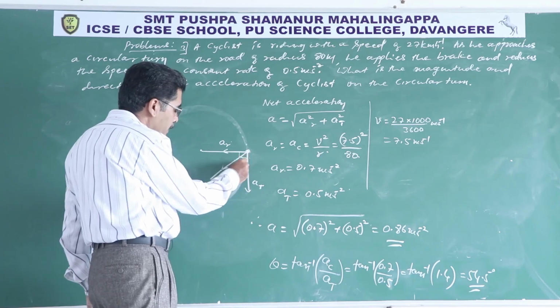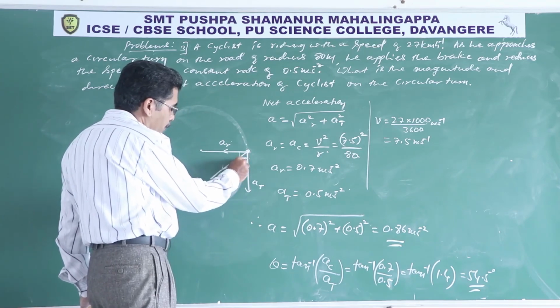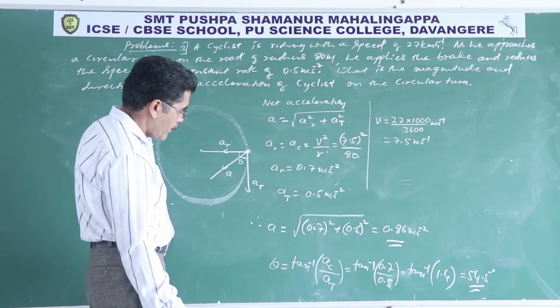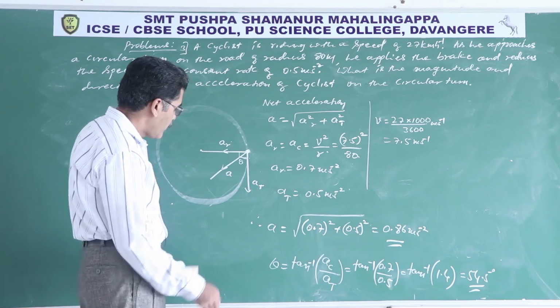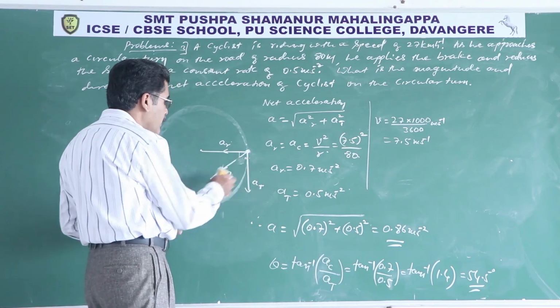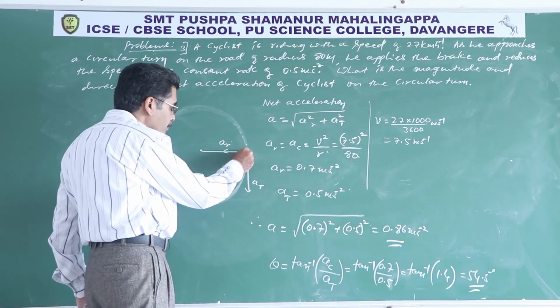If you take this as theta, the angle between them is 90.